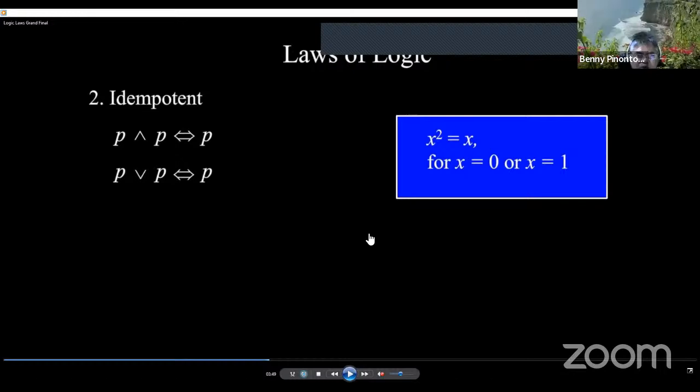So 0 and 0 is just 0, 1 and 1 is just 1. So if the number is 0 or 1, then x squared equals x.